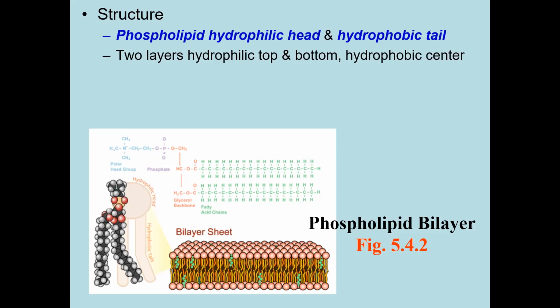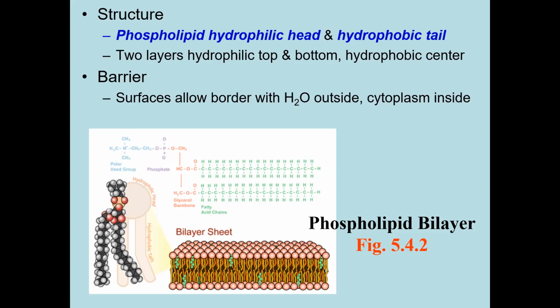So we see here again, we have two layers of hydrophilic making the top and the bottom, and this hydrophobic center that we talked about when we talked about how things are going to move through the membrane and why hydrophilics are unable, or at least less likely, to pass through this unassisted. We mentioned again that this functions as a barrier. Because there's water on the outside and cytoplasm on the inside of the cell, we have an extracellular and an intracellular environment, and we need to get different molecules to pass through that.